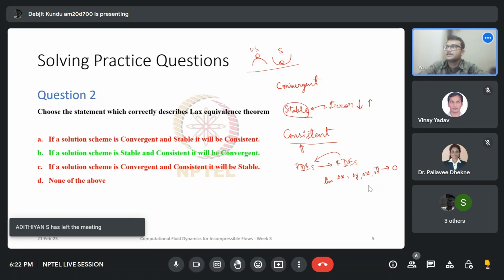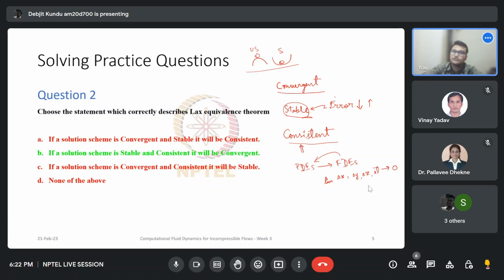And as it comes to the final term, which is convergent, which means that whatever scheme we are using, that approaches the solution. So we are using a numerical scheme, and there could be an exact solution to whatever problem we are approaching.